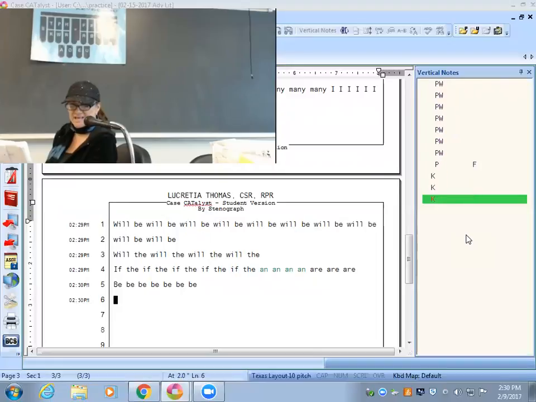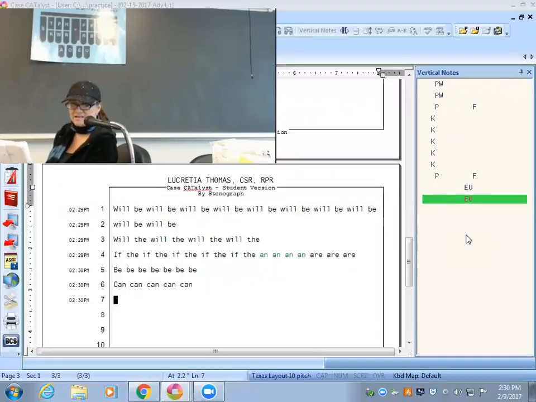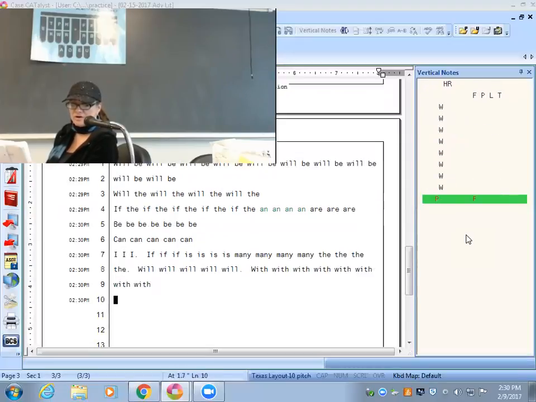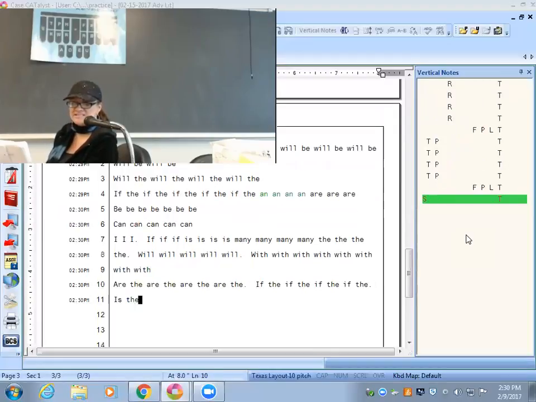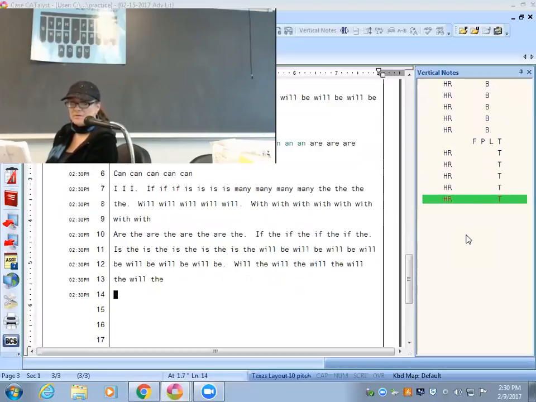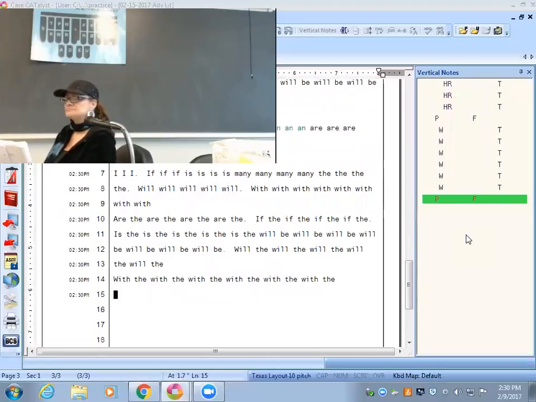And then you have can is K, I is I, F is TP, is is S, many is M, the is T, will is HR, with is W by itself, are the is RT, if the is FT, is the is ST, will be is HRB, will the is HRT, with the is WT.